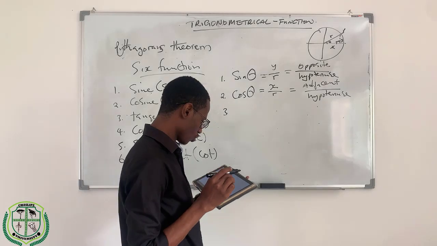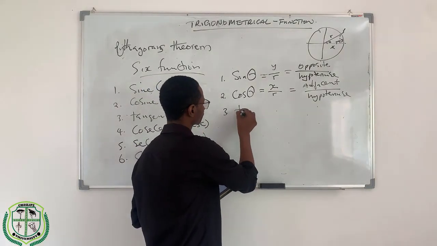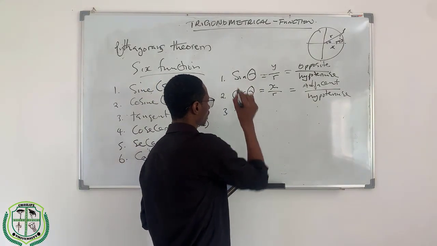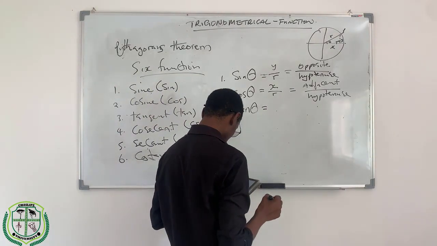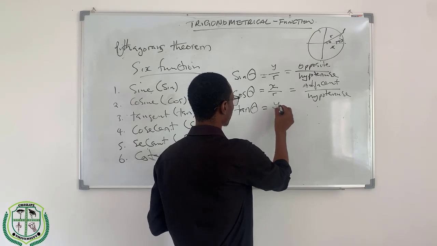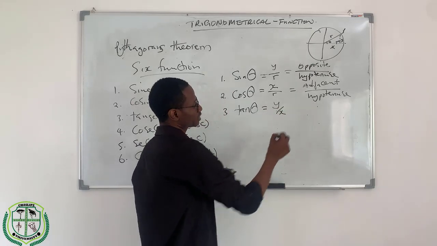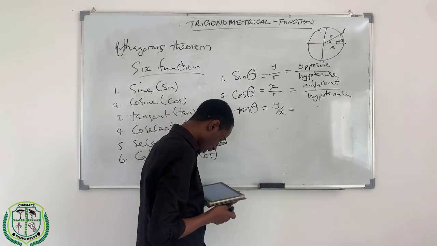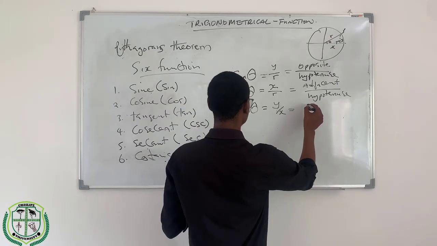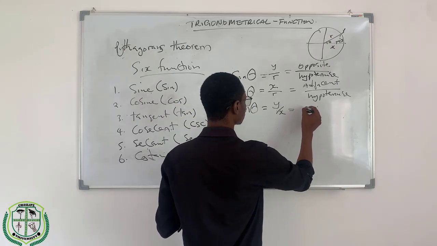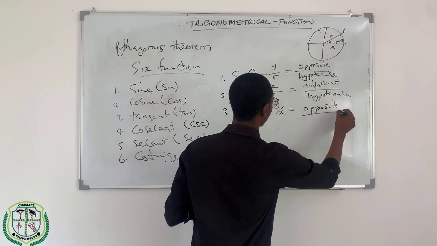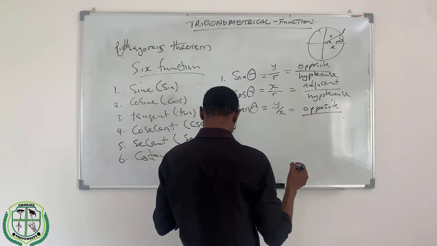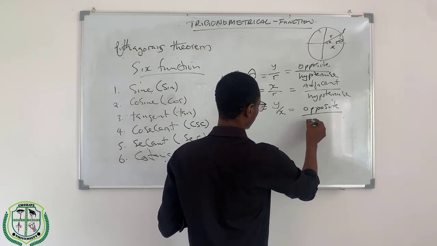Then we have what we call tan theta. Tan theta is given by y over x, and this is opposite over adjacent.